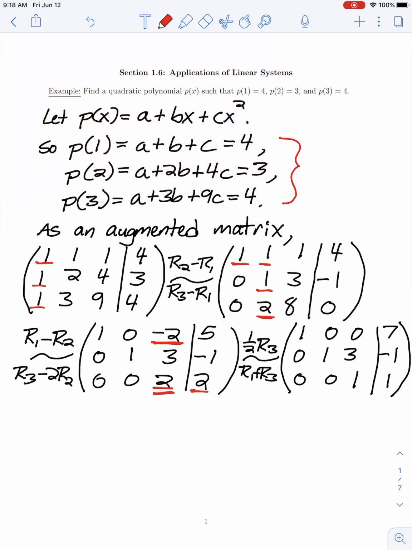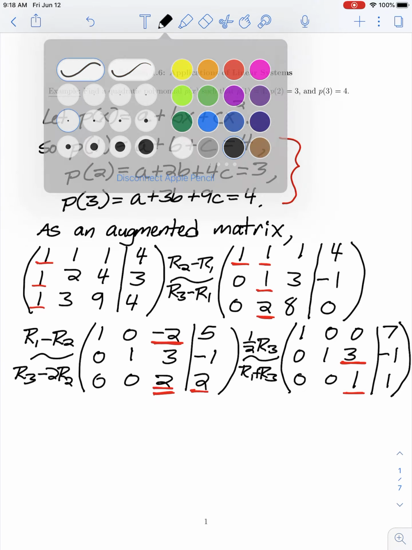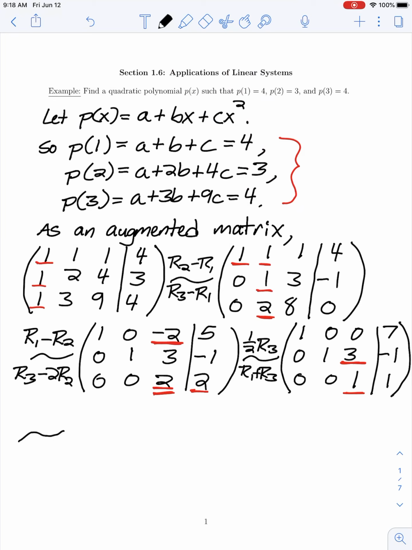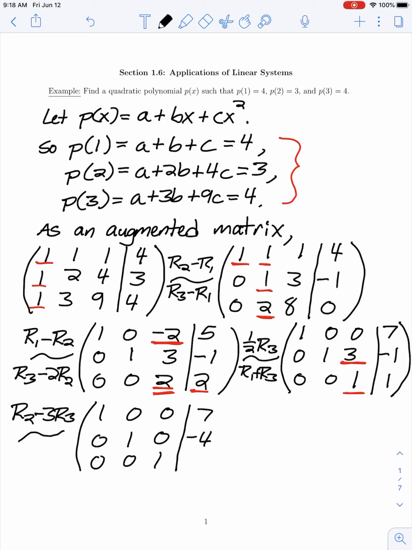In our last step, we just need to eliminate this factor of 3 in the second row, third column. I can use my third row to do that by taking row 2 minus 3 times row 3, which would give me 1, 0, 0, 7, 0, 1, 0, -4, and 0, 0, 1, 1.